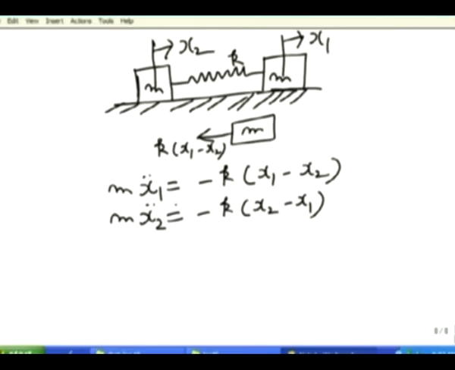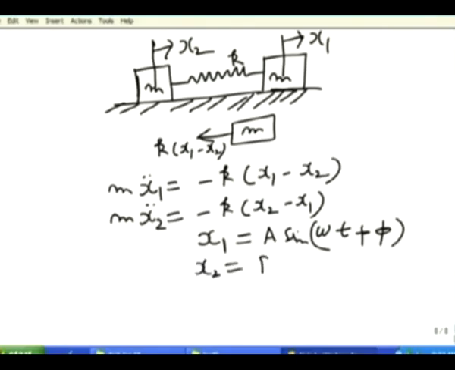This can be solved by assuming that x1 is equal to A sin(omega t plus phi), and x2 is equal to B sin(omega t plus phi).